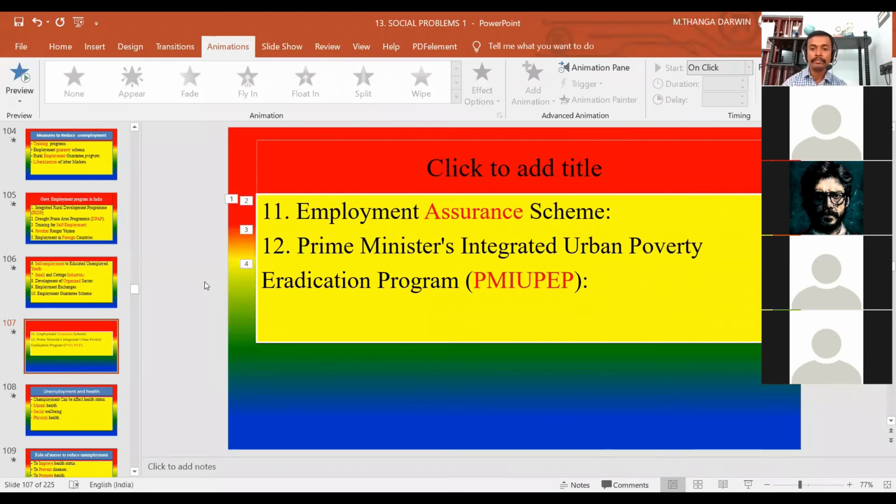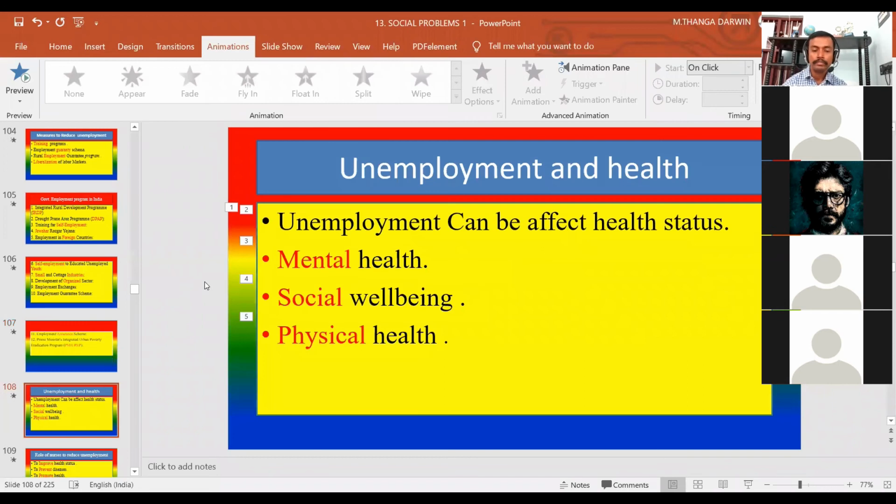As we know, unemployment is a key cause of poverty. So if you eradicate unemployment, poverty is also eradicated. Then unemployment and health: it affects every aspect of health, first mental health, social well-being, and physical health.